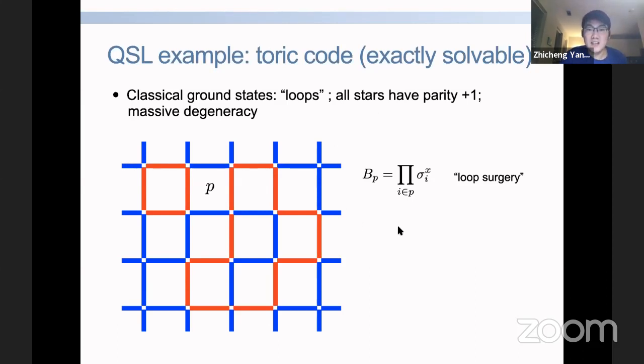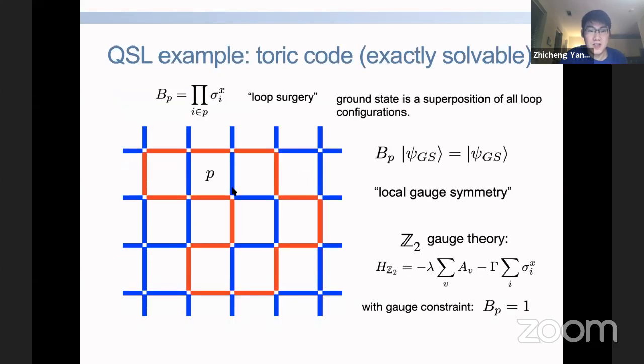Okay, now let's turn on this B operator. What the B operator does is flip four spins around an elementary plaquette. For example, I take this plaquette and apply the B operator. You see that it changes the loop configuration. It brings you from one loop configuration to another, and you can call this a loop surgery.